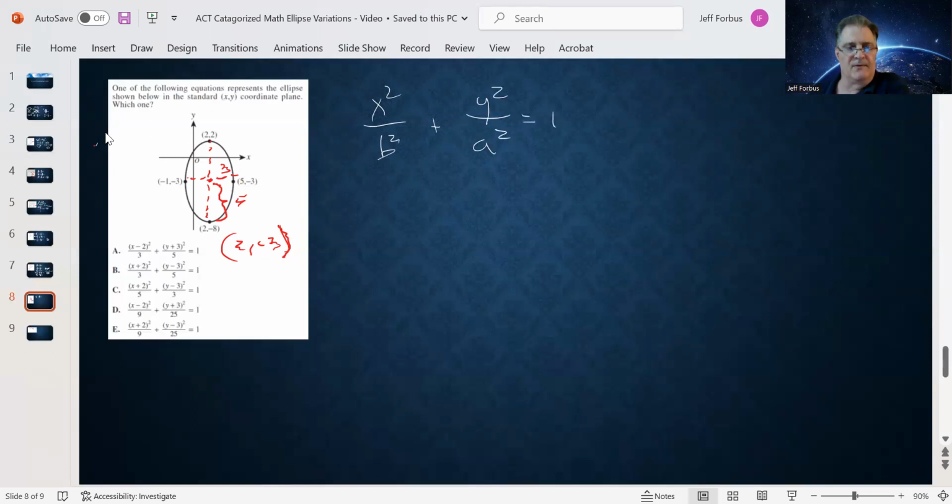Now our b value is 3, and our a value is 5. So that's going to be x squared over 9 plus y squared over 25. It's going to be equal to 1.